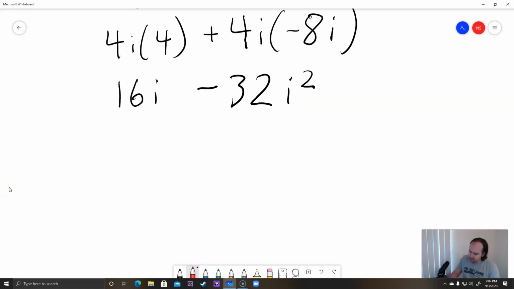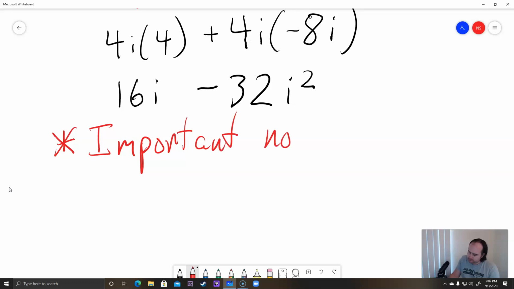So, important note. I want to give you an important note here. i squared is equal to negative 1. Okay? i squared is equal to negative 1. Now, where did that come from?